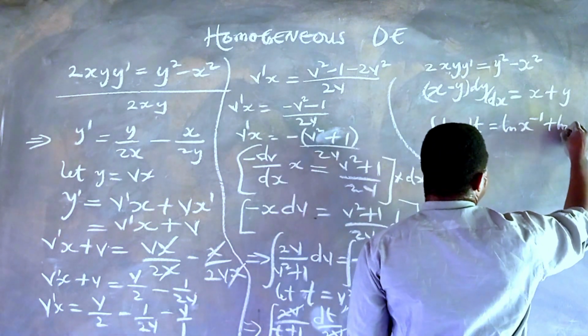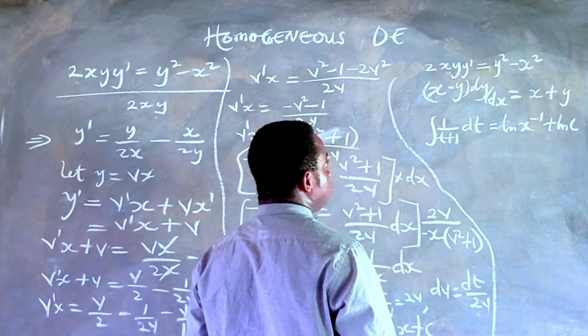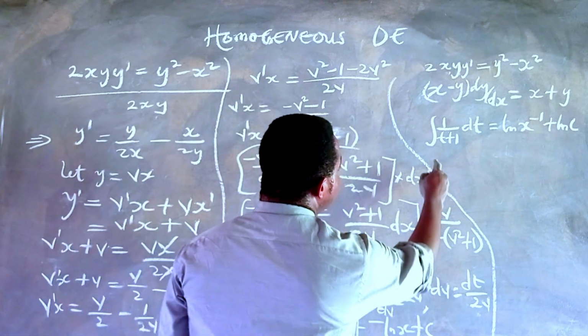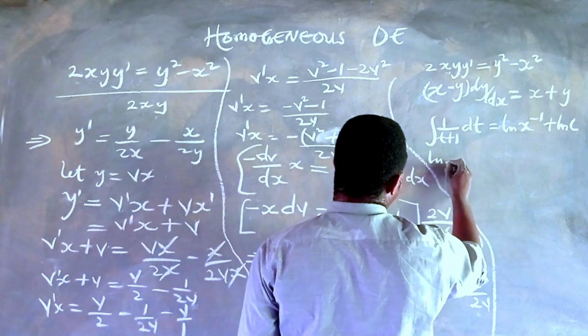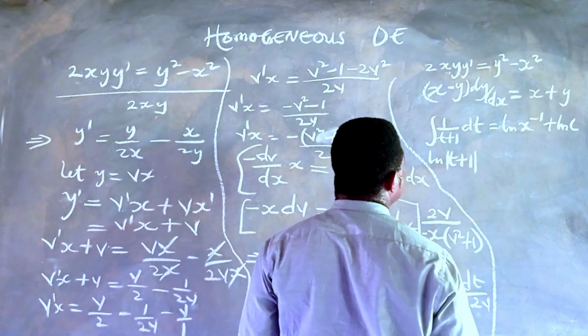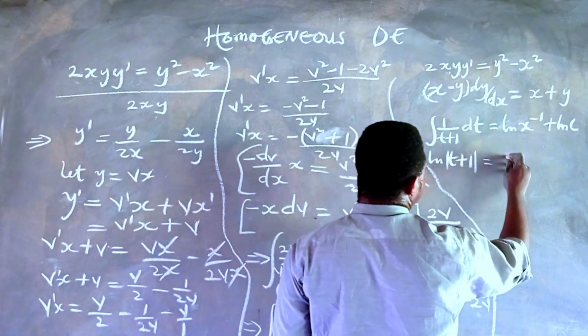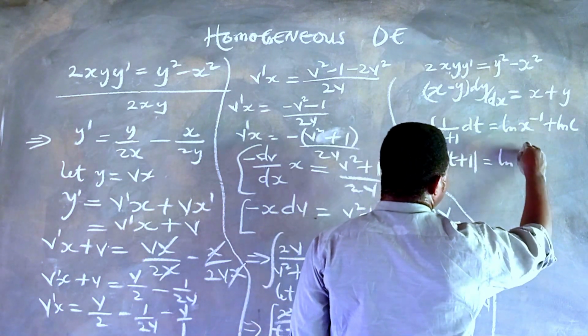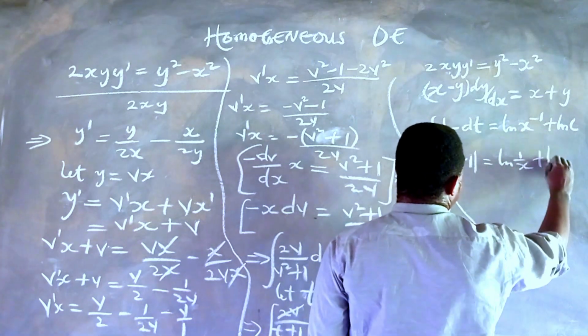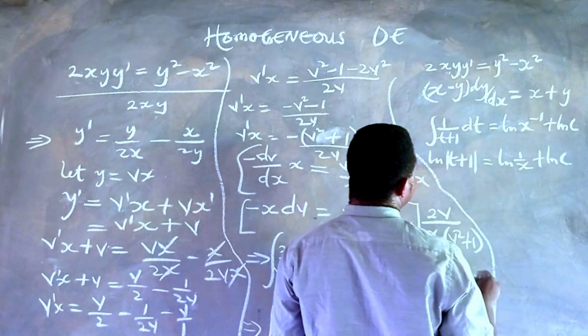Instead of writing c, I think I should write ln of c so that the terms can be similar, since the constant itself is a constant, so it can also be ln of c. So the integral of 1 all over t plus 1 is ln of absolute value of t plus 1, and that's equal to ln of 1 all over x plus ln of c.